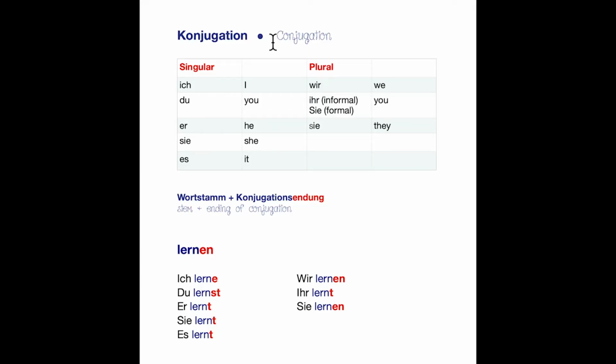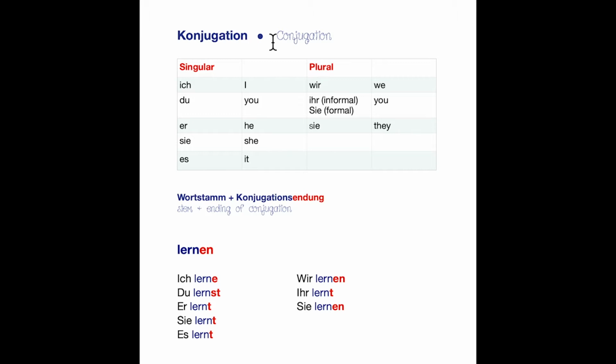Okay, before we dive in talking about the conjugation, die Konjugation, we need to talk about personal pronouns, which means the person who is actually saying or doing something. So these personal pronouns are categorized in two categories. One is singular, the other one is plural.